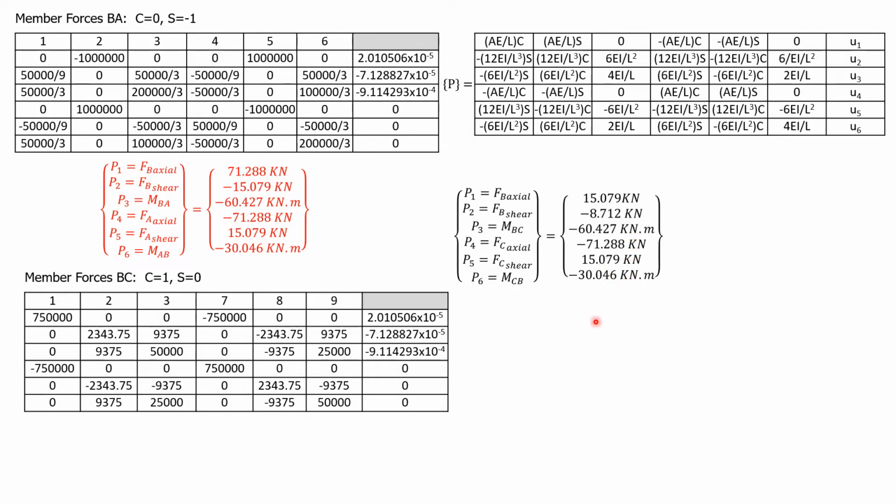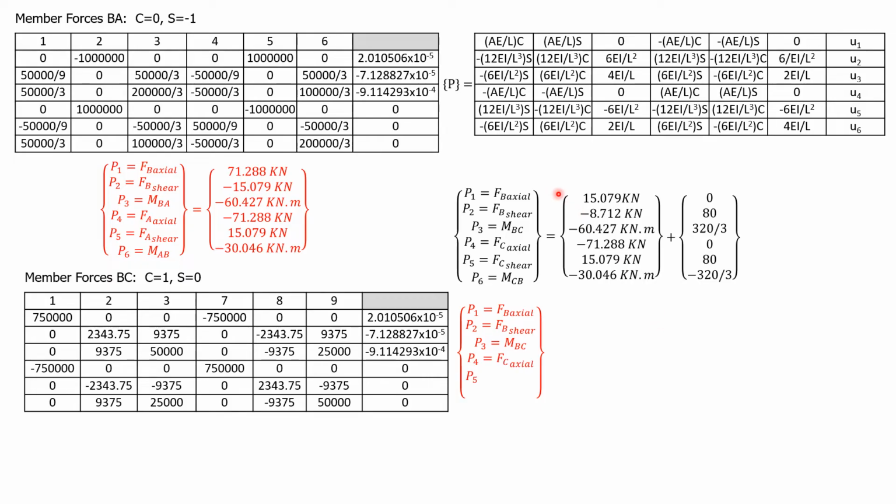Then you have to add the fixed end forces. Remember, there are fixed end forces only for member BC. So these are the fixed end forces for member BC. So the final result would be this one, 15.079.